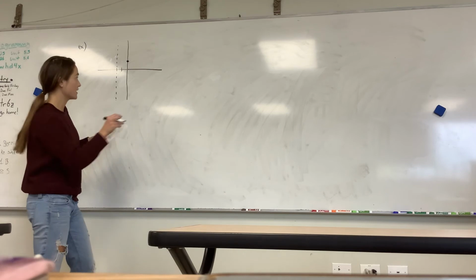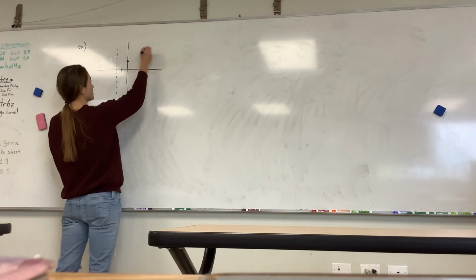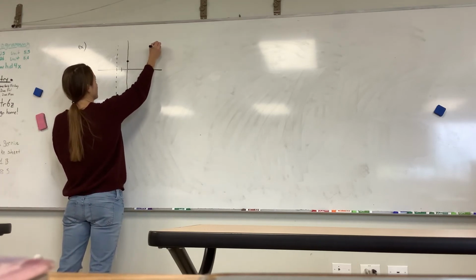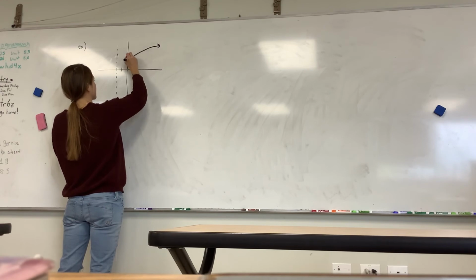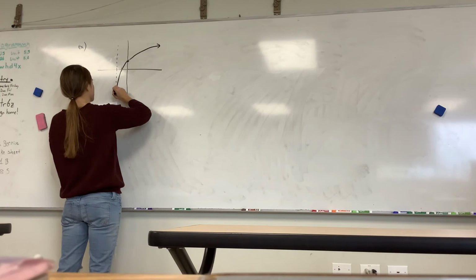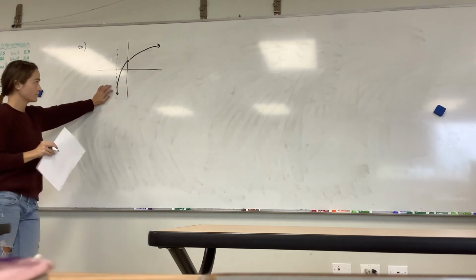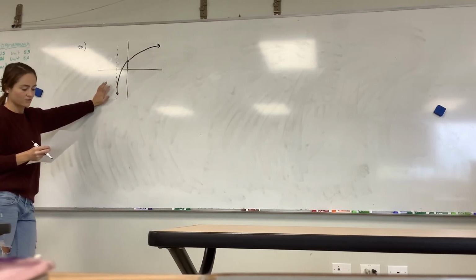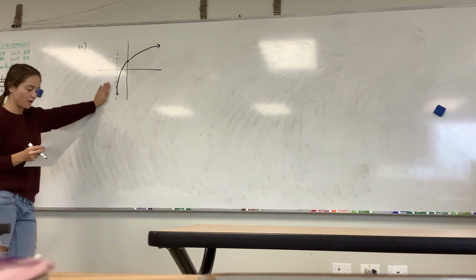So if I'm then looking, I see that I have very shallow slopes here, and they're getting steeper and steeper, and then I can't cross my vertical slope line there. So this is my best guess for what this graph looks like.